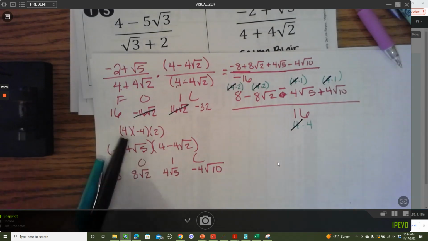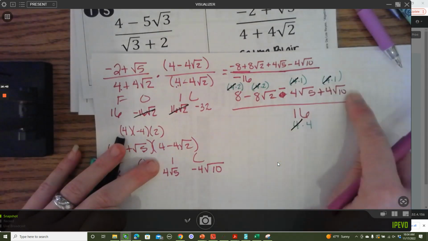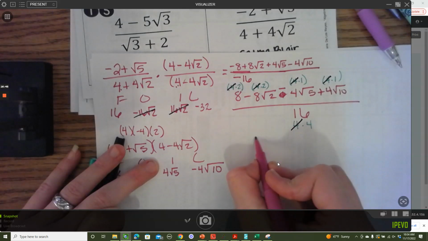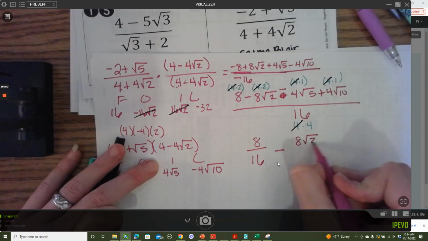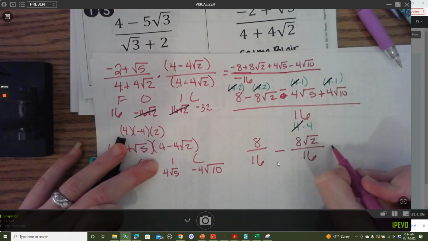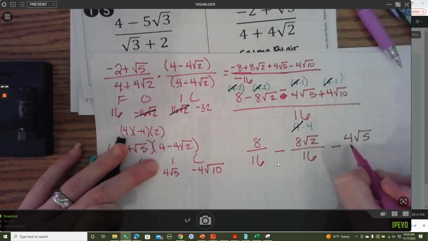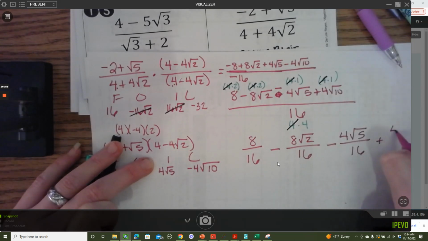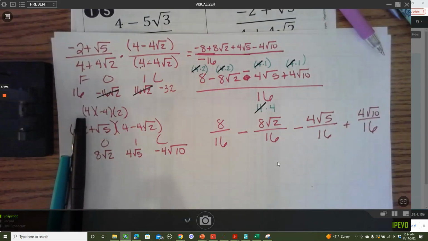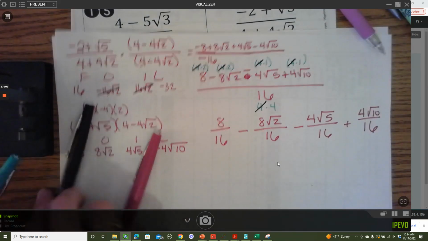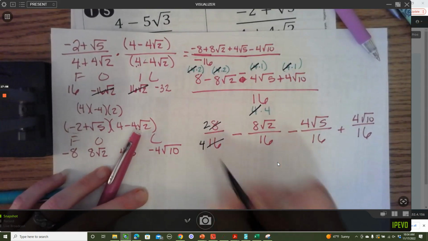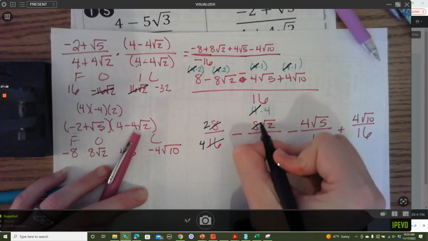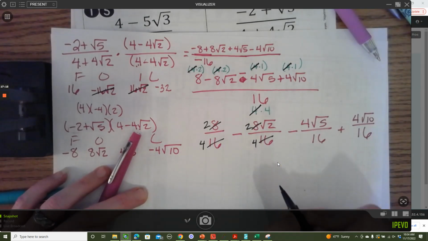Here's the why. When you have addition or subtraction up on the top, I can break this fraction down into its individual pieces. So I could write it like this. And that 16 gets split up. The same thing would happen if I factored a 4 out of everything. I've got a 2 here, I've got a 4 here. I've got a 2 here, I've got a 4 here.